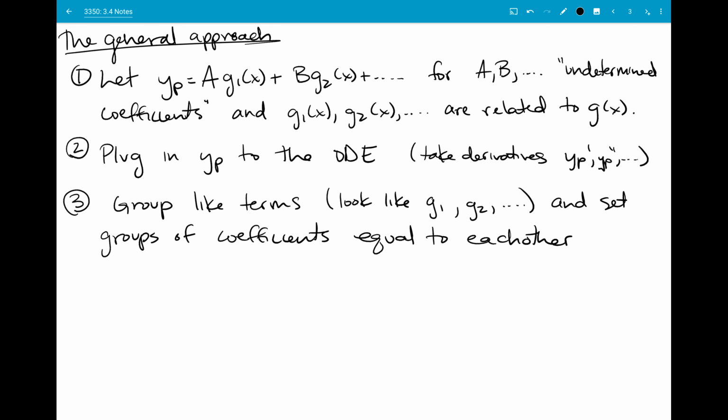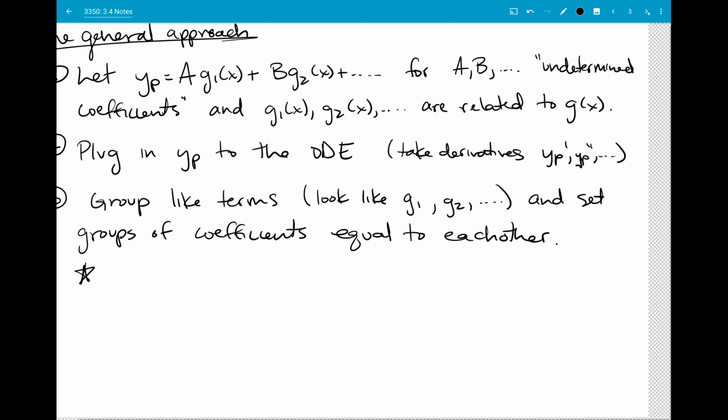That sounds a little bit vague right now. It'll make more sense when we do examples. And I'm going to put a little star there. We'll come back and talk about how that part works after you've seen an example.